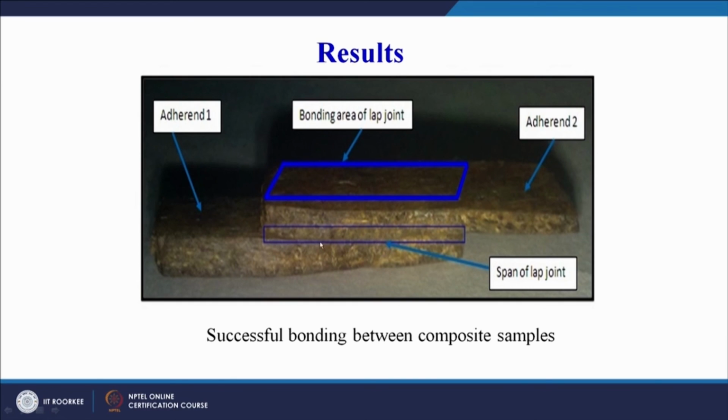This joint has been developed here. So we can see that if we select the parameters, the exposure duration, the power, and the location within the microwave cavity, we are able to form a good quality microwave based joint.